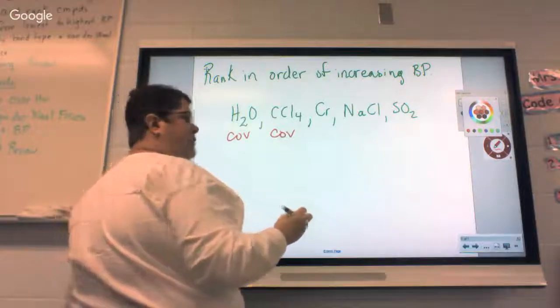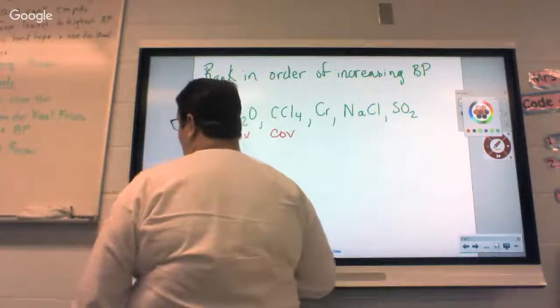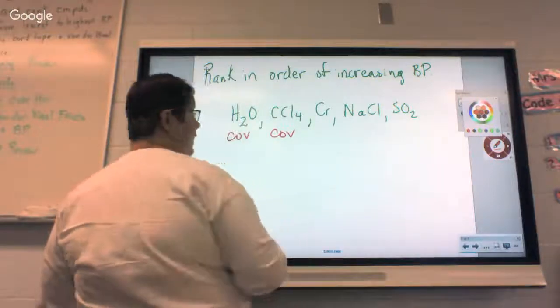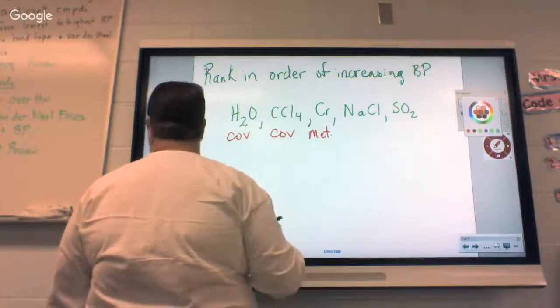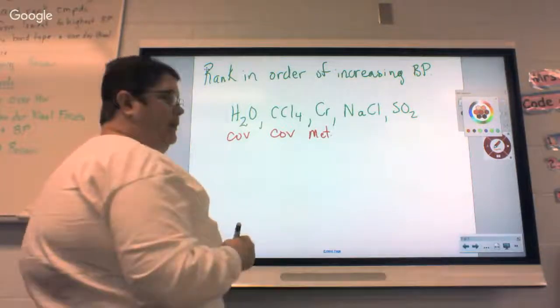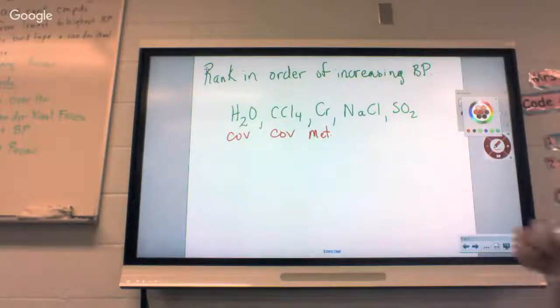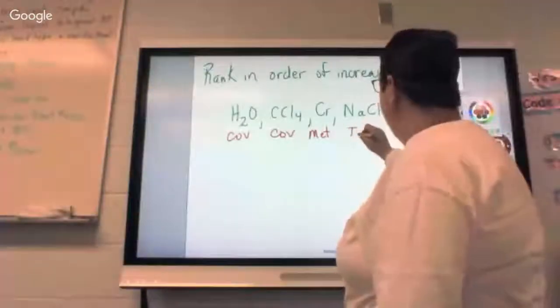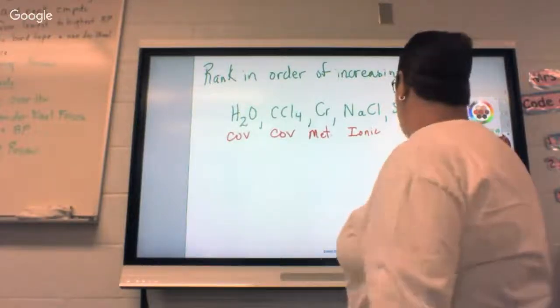Okay, interesting. All right, Cr. What is Cr? The metallic. Y'all stop calling it a metalloid. All right, NaCl is ionic, and SO2 is covalent.